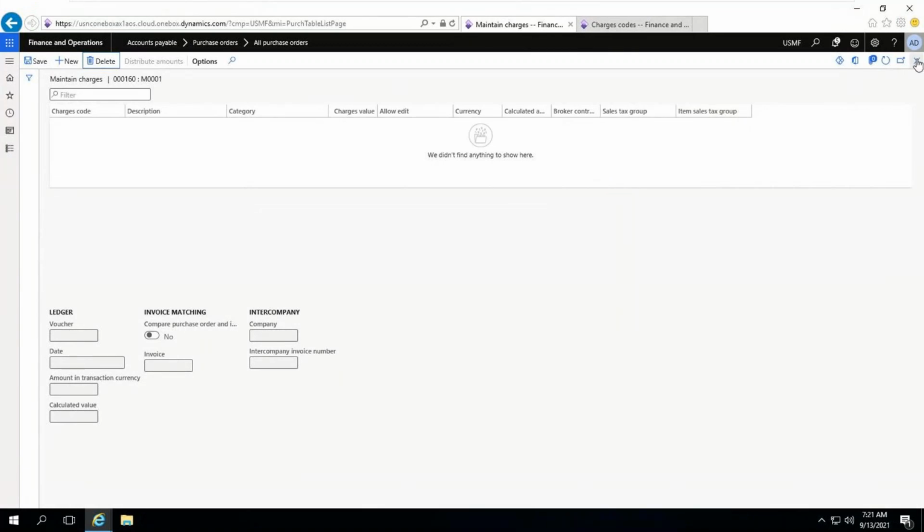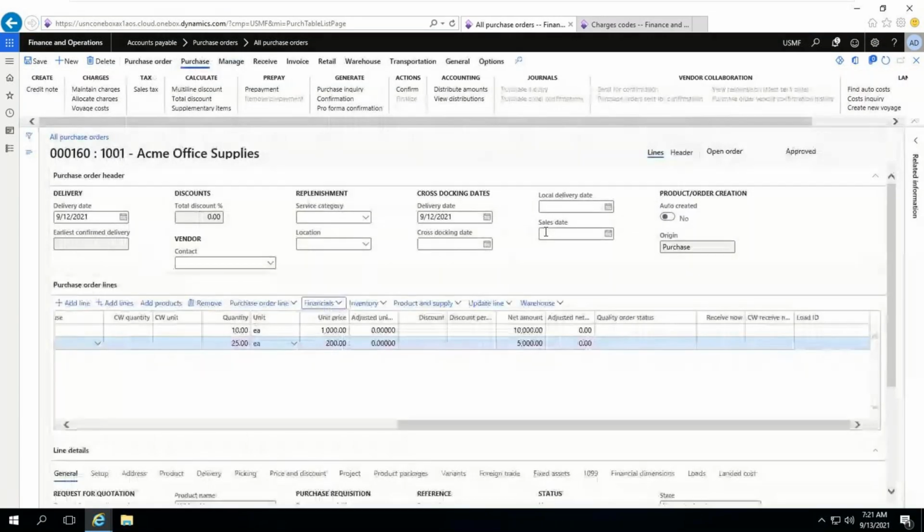I'm closing this one, and for the first line also I'm deleting. Let me select the first line and let me verify the charges.